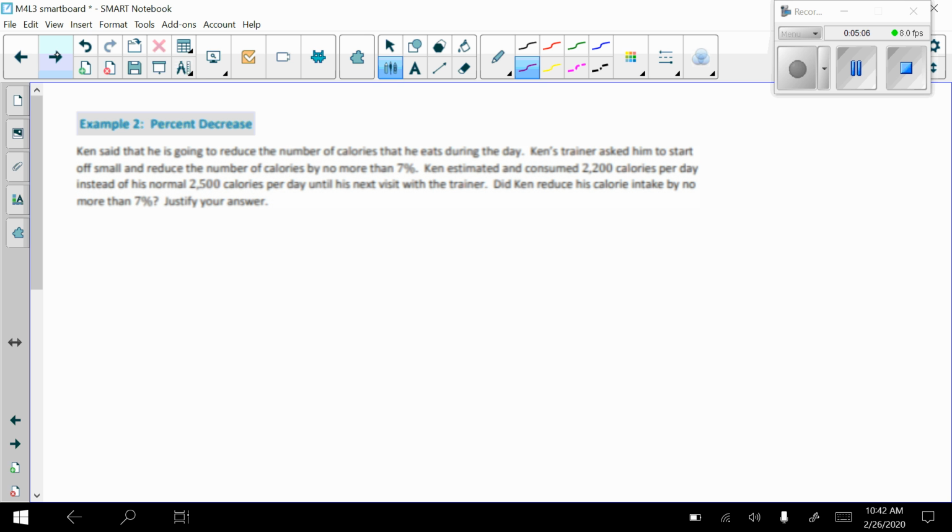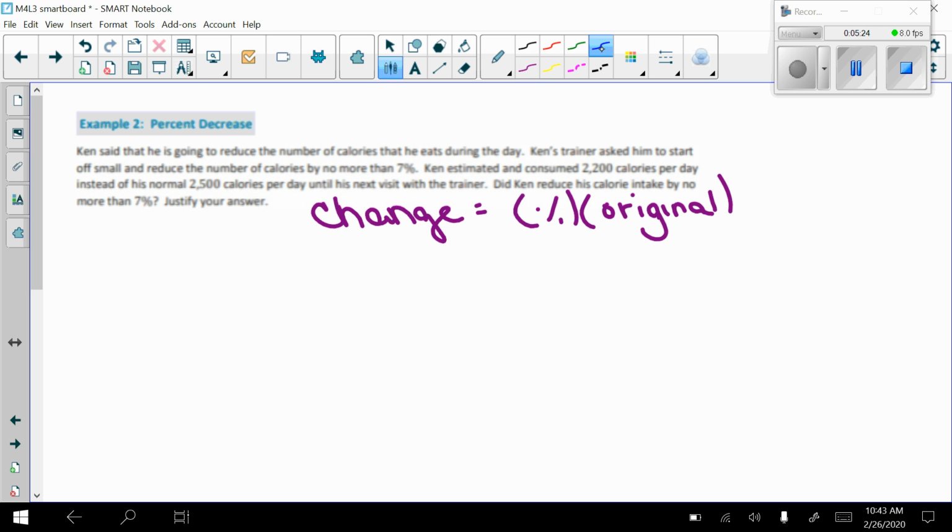So there's a few ways to do this problem. I'm going to approach it with the same formula that we've been talking about today. Change equals percent of original. How much did his calorie consumption change by? Well, his calorie consumption was 2,500, and now it's 2,200.